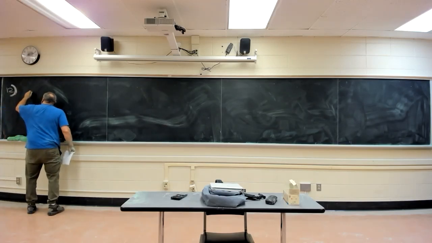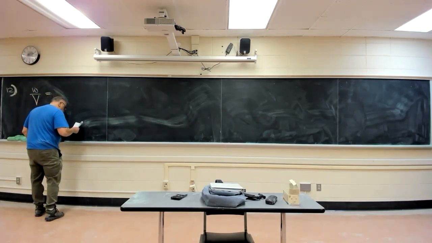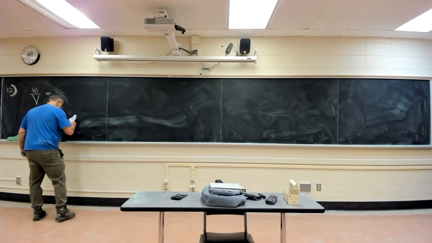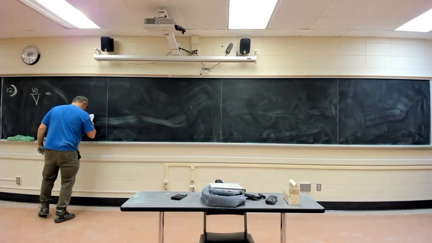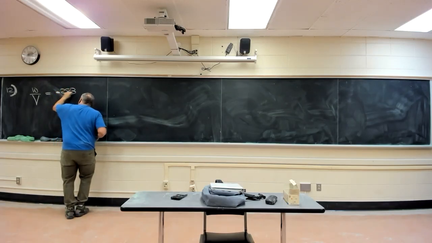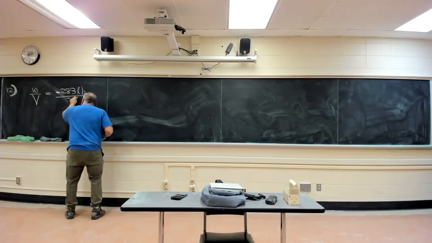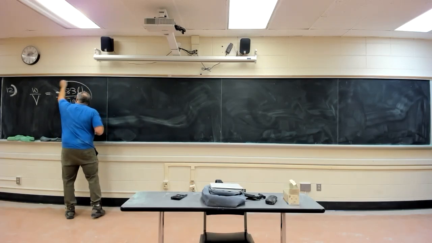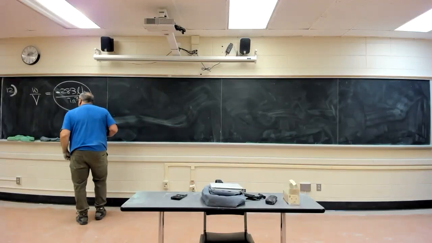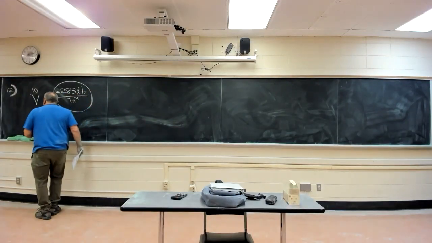You've got weight per volume of this steel. The density of steel is 0.283 pounds per cubic inch. That's the weight density of steel. To find its weight, it's kind of interesting.